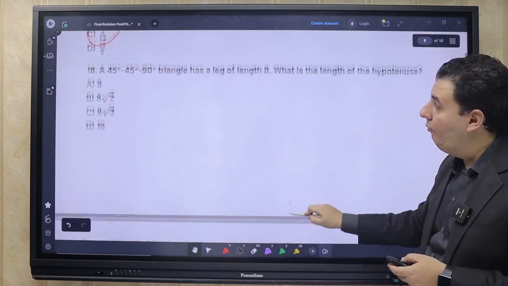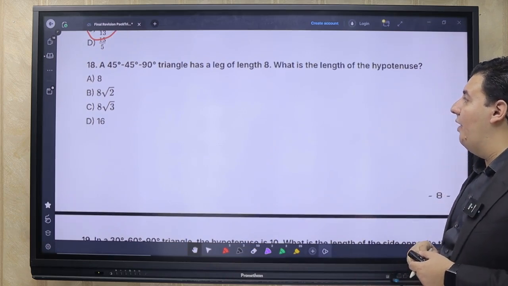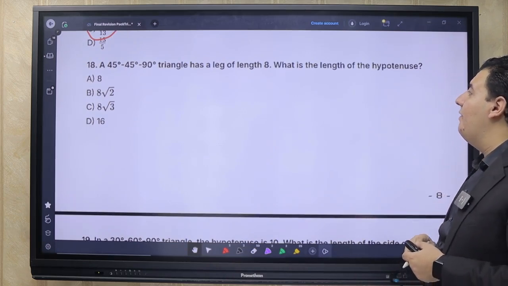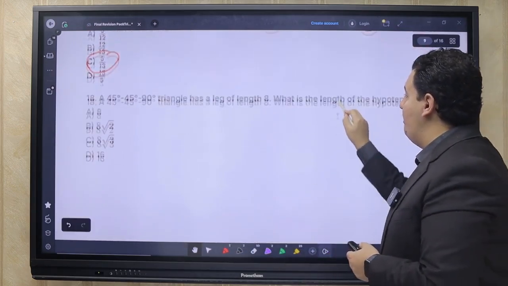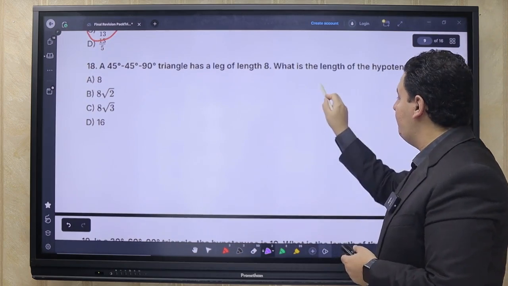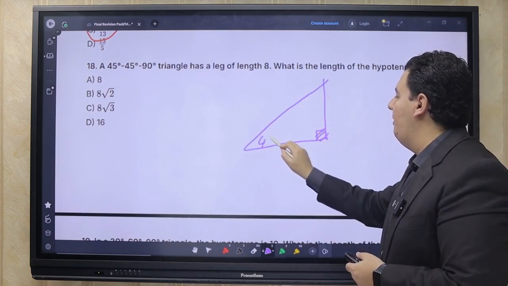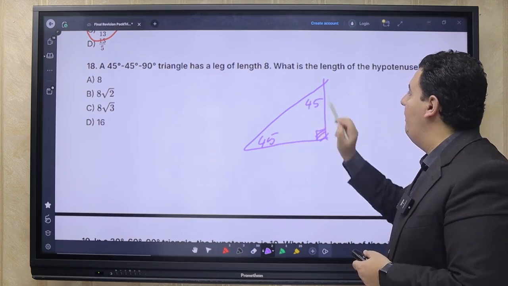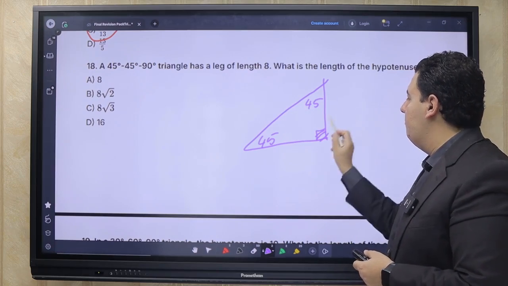18. A 45, 45, 90 triangle has a leg of length 8. What is the length of the hypotenuse? In the special right angle triangle, 90, 45 degree, the length of the leg is 8.